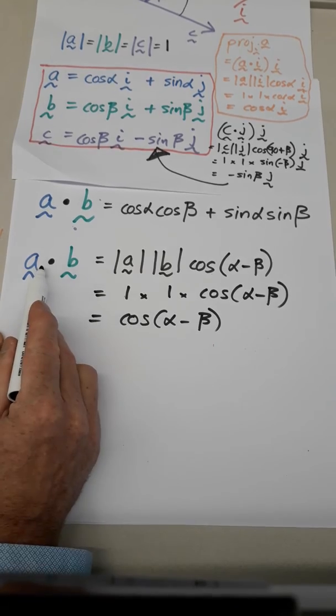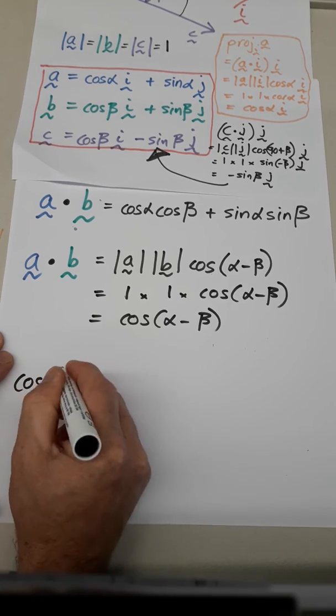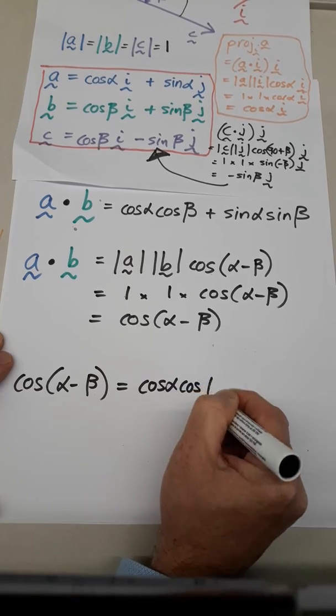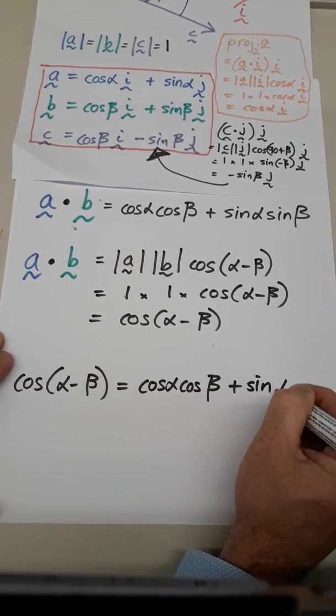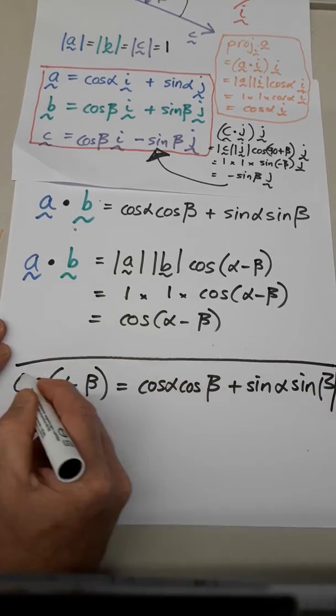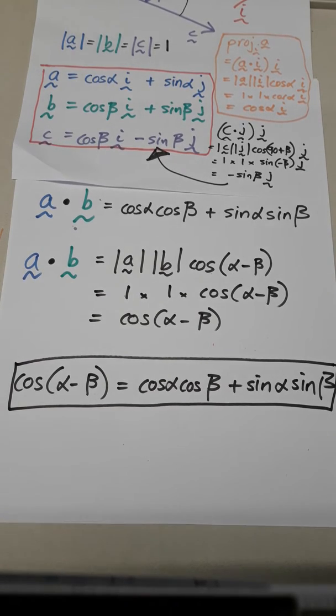So cos of alpha minus beta equals cos alpha cos beta plus sine alpha sine beta, which is a formula that we encountered earlier in this course, but we developed it using the unit circle, using cosine rule, and using the distance formula. And now we're looking at it from a vector's point of view.